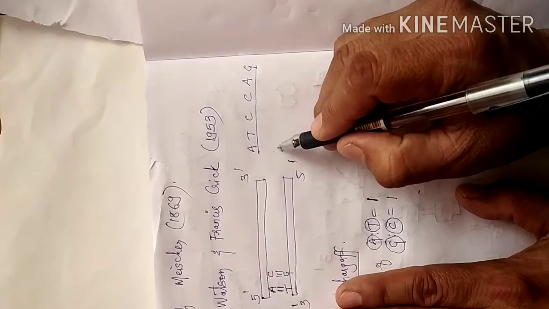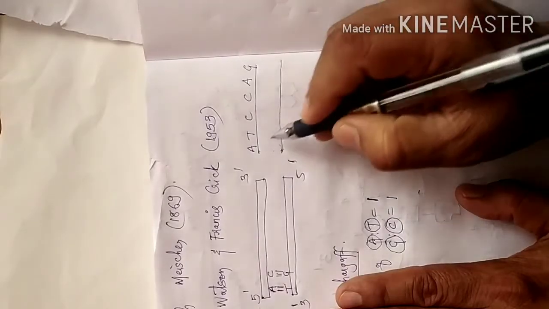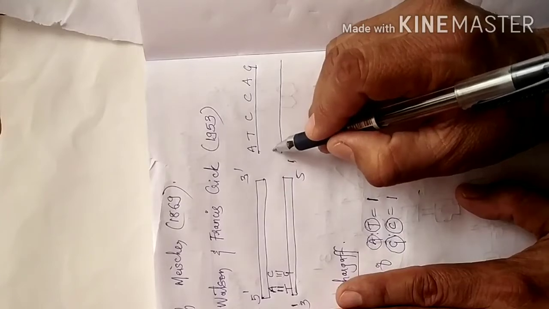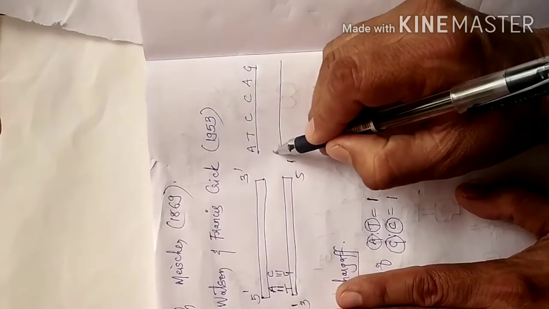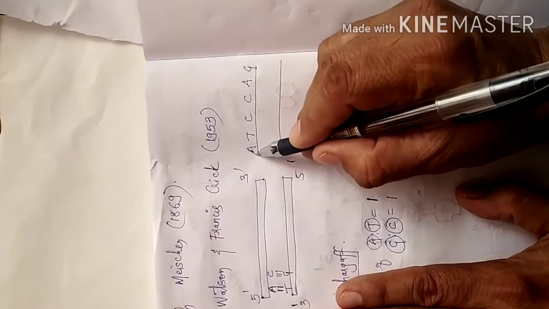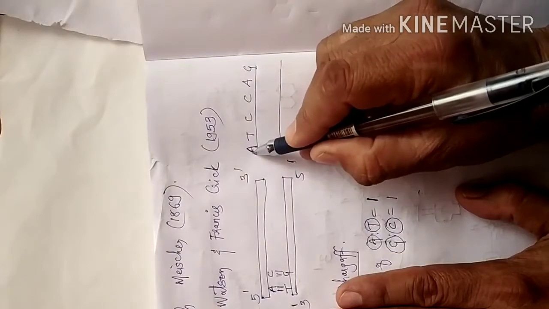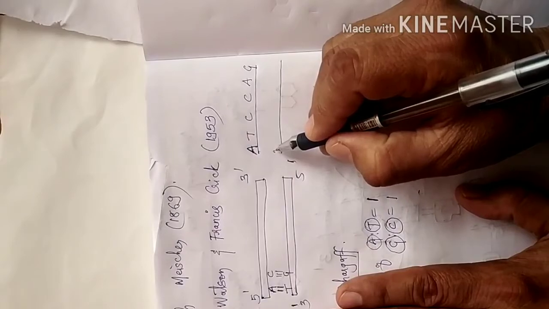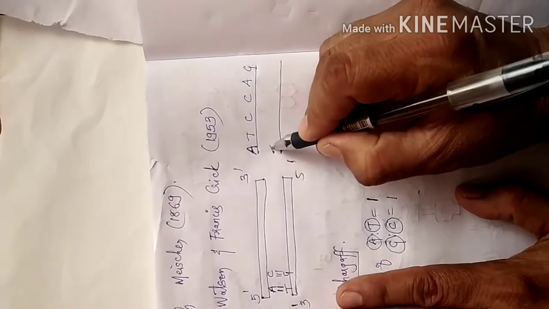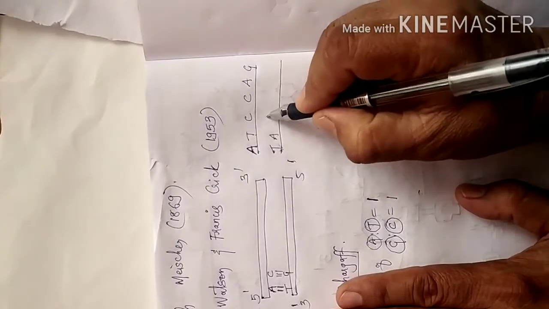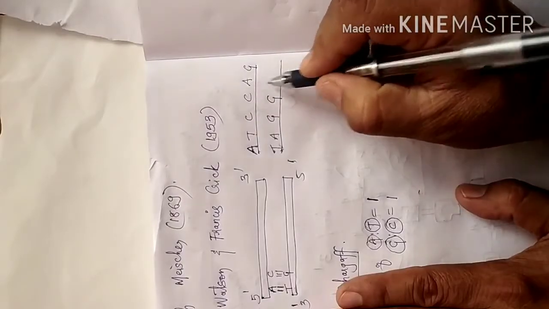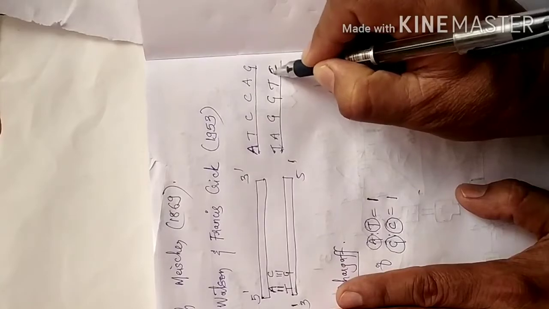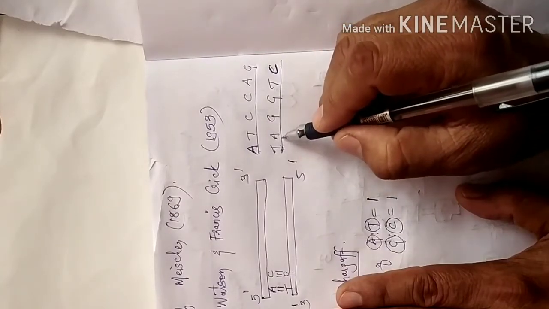Suppose this is the other strand; A always bonds with T, we know that from Chargaff's rule. Therefore, if we have the knowledge about the type of bases on one strand, we can predict the type of bases on the other helix of DNA. So A, T, T, A, C, G, C, G, A, T and G, C. So we can write the type of bases in the other strand.